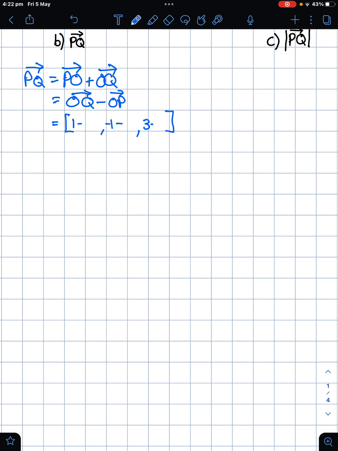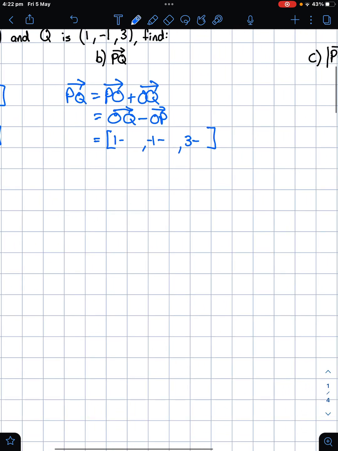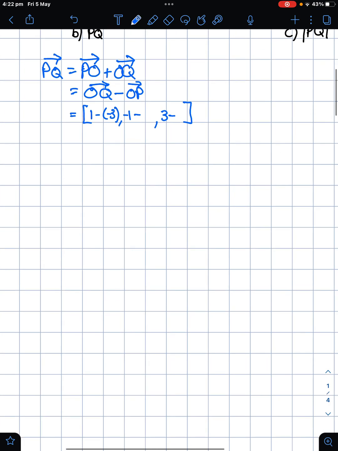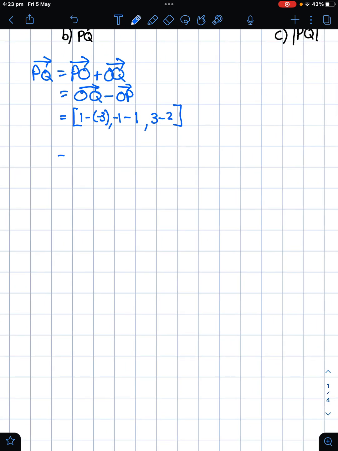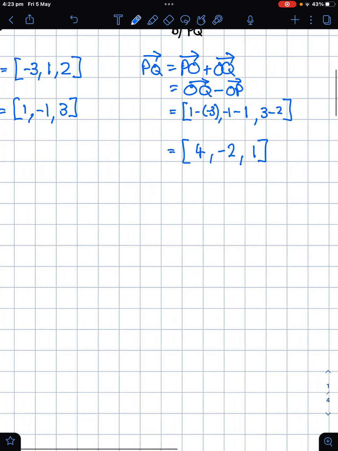So negative, negative, negative, and then we had negative 3, positive 1, and 2. And so this will equal 1 take negative 3, which is 1 plus 3, which is 4. Negative 1 take 1 is negative 2, and then 3 take 2 is 1. So we've got that there.